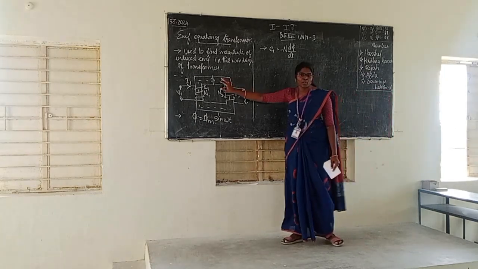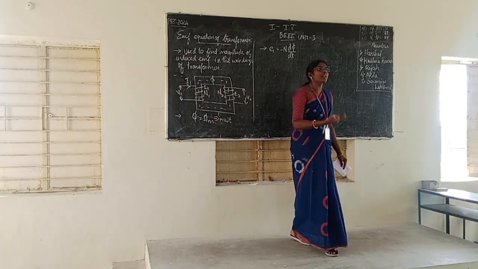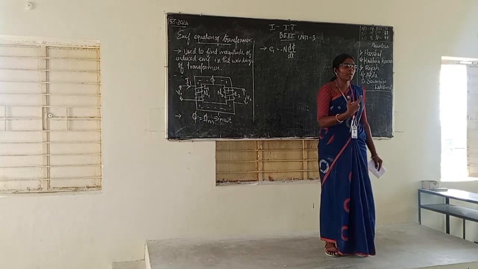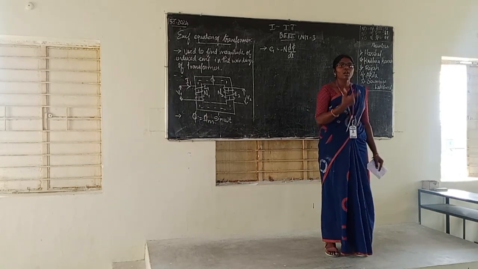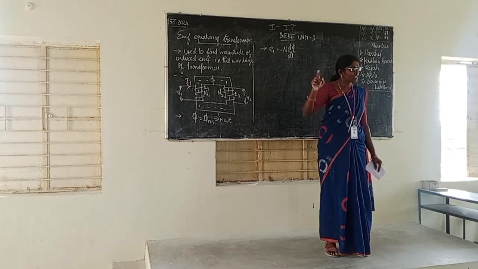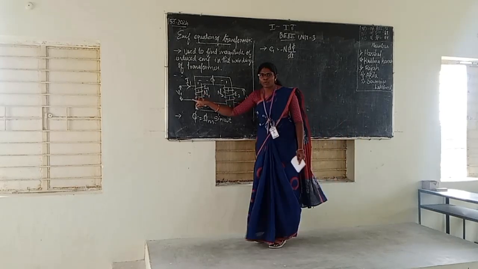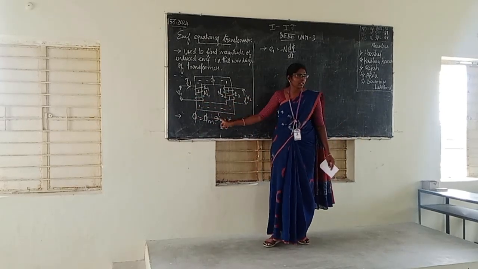Now the flux is produced, right? The flux is from the alternating current. If I assume that the alternating current is sinusoidal, the waveform is going to be sinusoidal, so we are assuming a sinusoidal waveform as the input. Then the flux is produced inside the core.